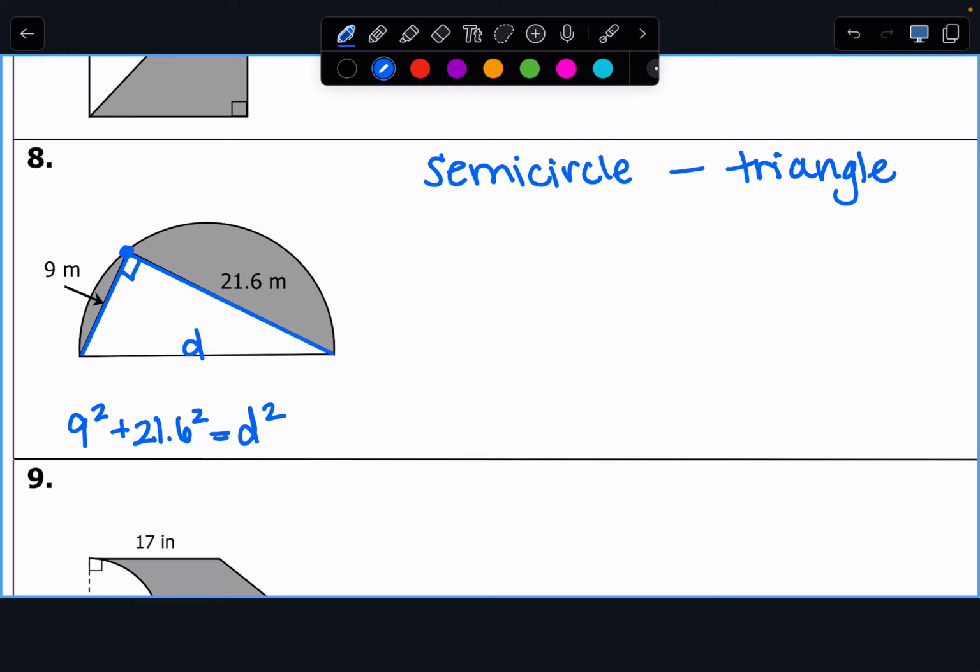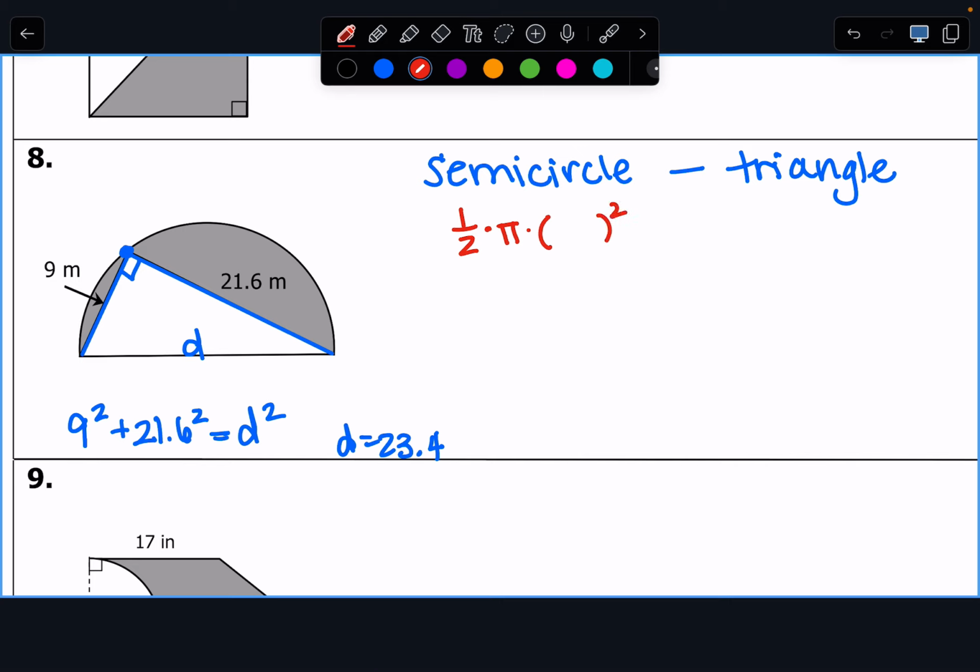Hit second, and then answer. Okay, what's our diameter? 23.4. Is that what you said? Okay, 23.4.